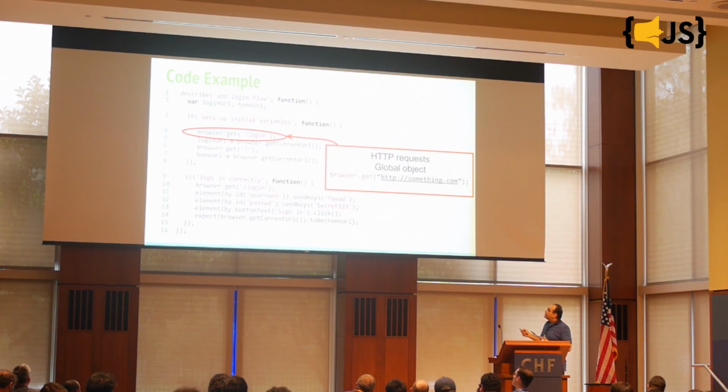So we have this global variable called browser. This is a global object exposed by the Protractor API that you can use to interact with your browser. Whether you want to send requests or read the URL, read cookies. So basically everything you want to do with the browser, like picking elements or doing any selects against the page source, you can do that using the browser global object.